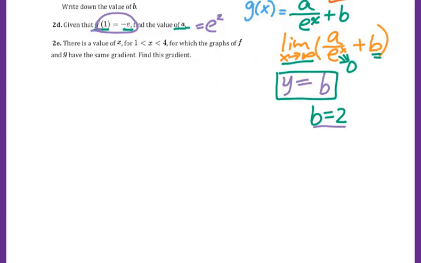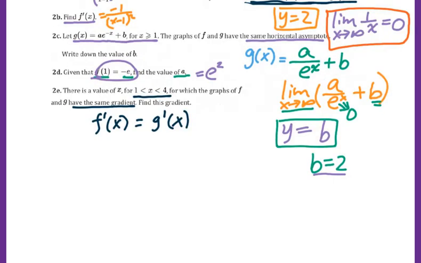Let's go to 2e. There is a value of x between 1 and 4 for which the graphs of f and g have the same gradient. Same gradient means the derivative of f(x) equals the derivative of g(x). Then find this gradient.